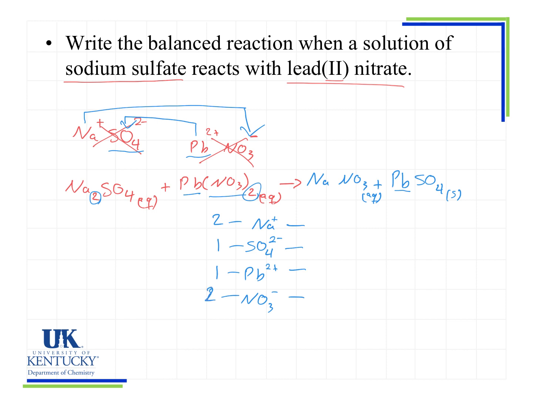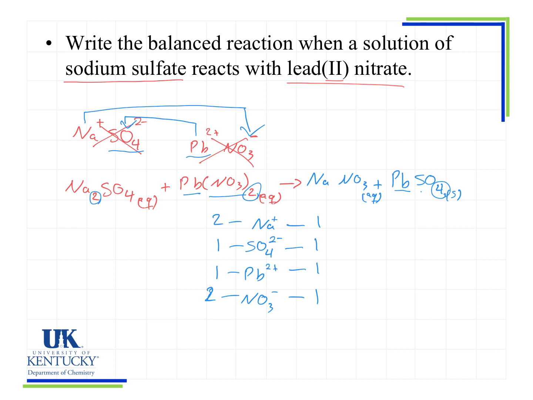In the product, we have 1 from each. Sometimes students mix up these 4 and say we have 4 sulfate. We don't. This 4 is part of the polyatomic ion. Sulfate itself is SO4. It doesn't mean we have 4 of that. We have 1 SO4, so it's 1 sulfate.